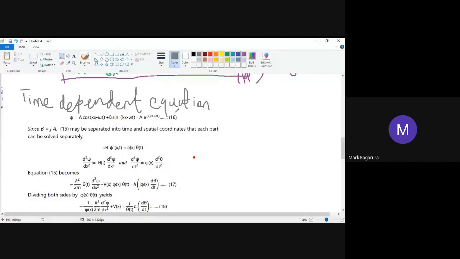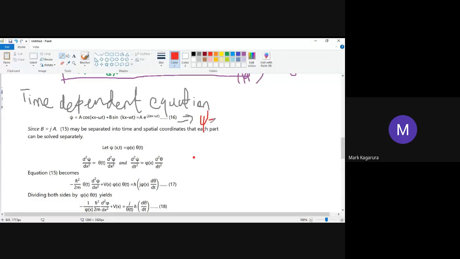Back to our painting. Yeah, so we're now deriving the time independent equation. So you had this equation here, which we wrote as psi. Let's use another color.